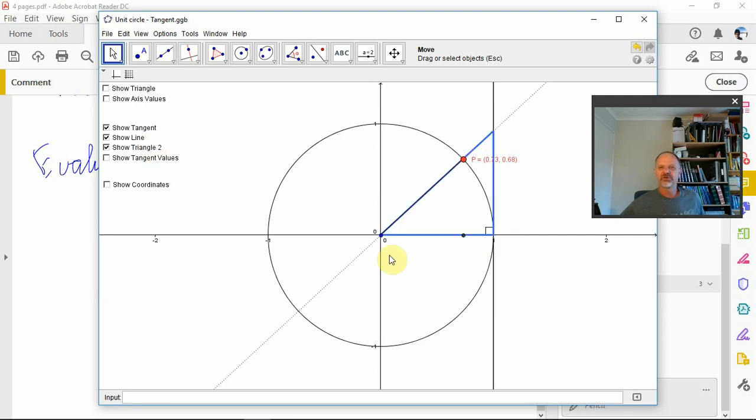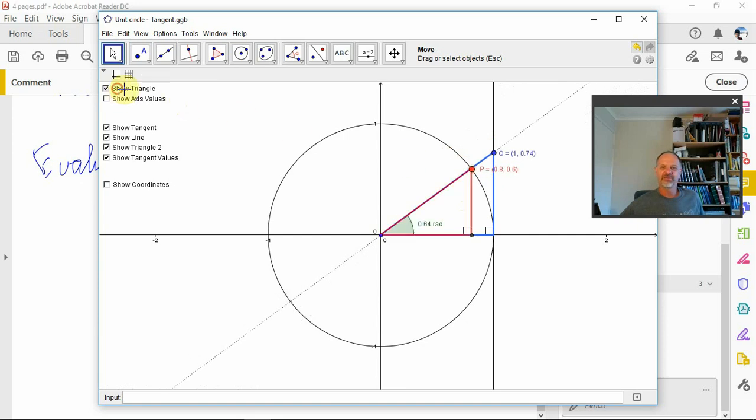So triangle 2, there it is. So this side length here is the tangent. And there it is, it's 0.94. So if I change that, that tangent value changes accordingly.